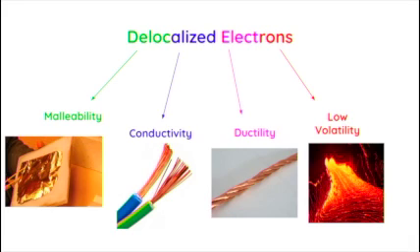This is easy to imagine because if you have a sea of free-floating electrons that slide past each other regularly, simply hammering on them won't break them. They'll just slide past each other and form this sheet, very characteristic of metallic bonding. What you have in this picture is gold leaf foil, and this is because gold is one of the most malleable metals.